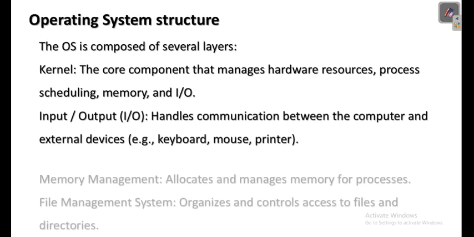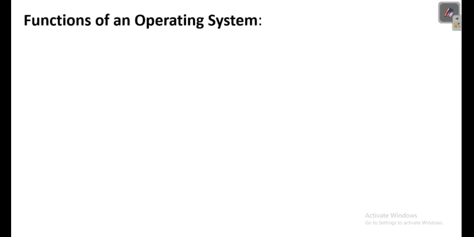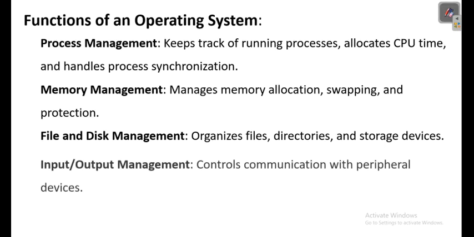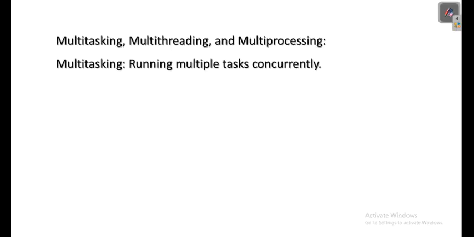Operating system structure displays functions of the operating system. Okay, these are the functions. Different types of tasking: multitasking, multi-threading, multiprocessing. All these functions are done by an operating system.